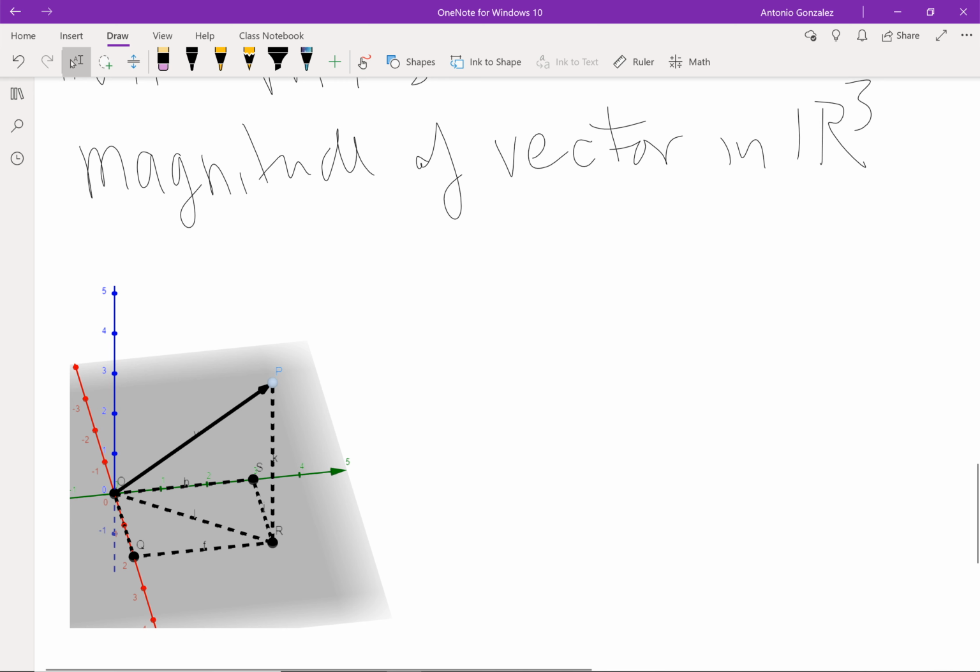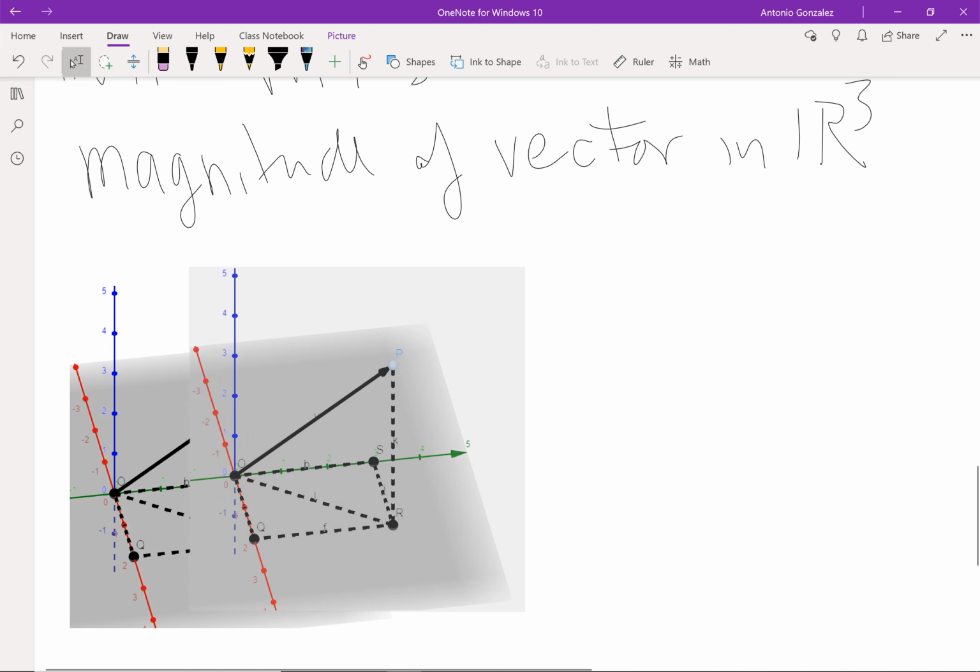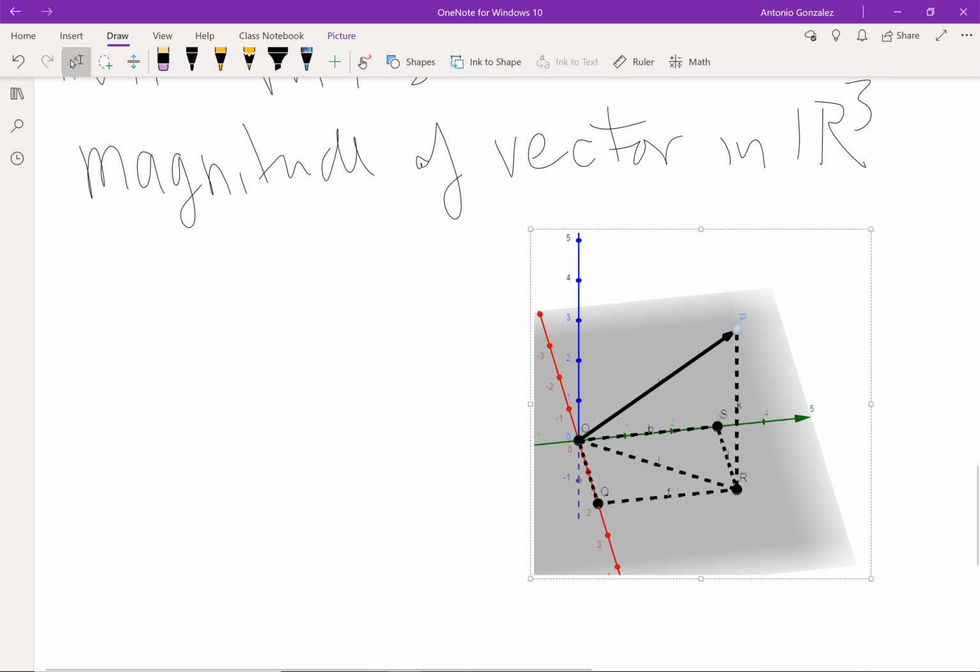Okay, so let's try to derive a formula for the magnitude of a vector.